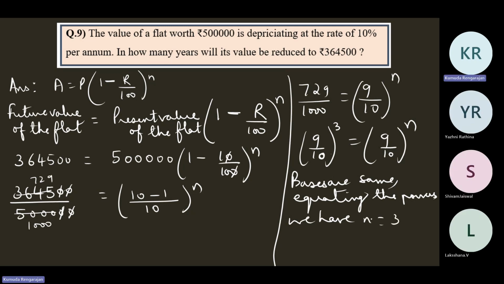So the value of the flat after 3 years will be 3,64,500. The value keeps reducing, right? So after 3 years, the value of the flat will be 3,64,500. The question is, in how many years?